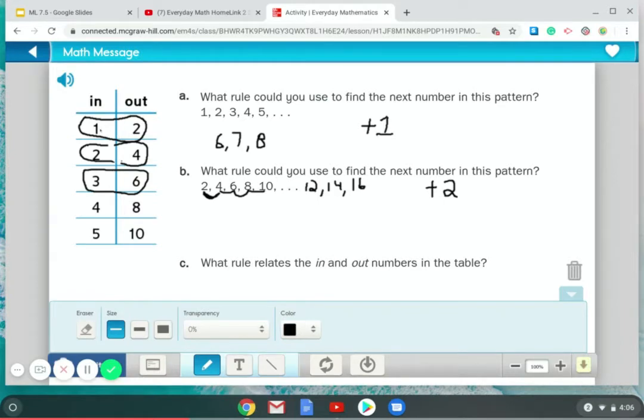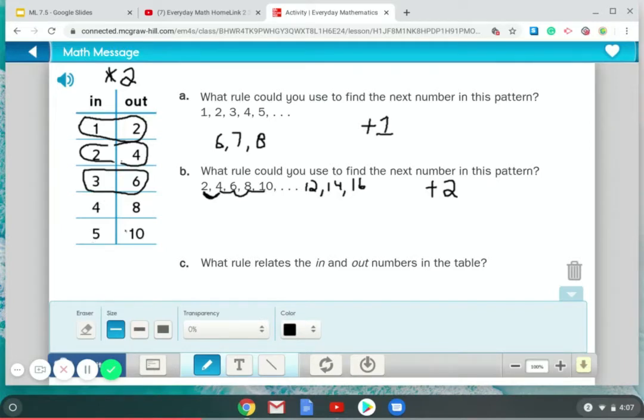One rule that I could highlight between the in and out is that they are doubling. So every time you start with in and you go to out, the rule could be multiplying by 2. And any time we develop a rule, we want to test to see if that rule works not only for one set of corresponding terms, but all the corresponding terms. 1 times 2 is 2. 2 times 2 is 4. 3 times 2 is 6. 4 times 2 is 8.